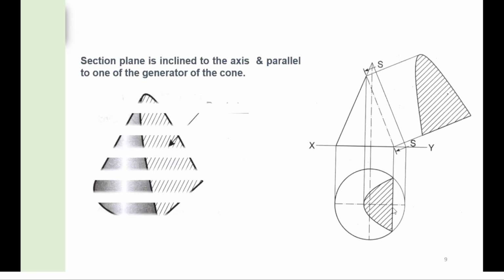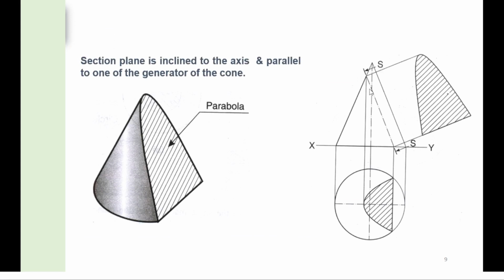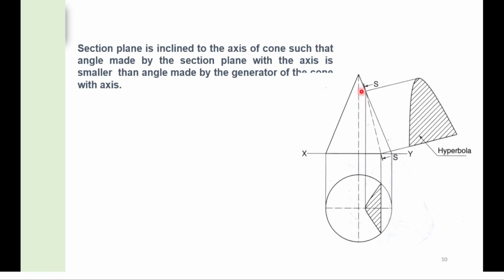Now about the parabola, just imagine this SS is a sectional plane or a cutting plane. The sectional plane is inclined to the axis and parallel to one of the generators of the cone. In this case we will have this parabola. Now about the hyperbola, the sectional plane is towards one side of this axis.